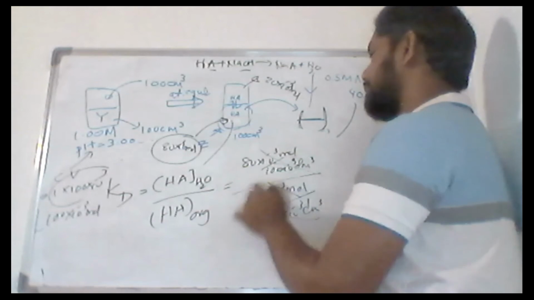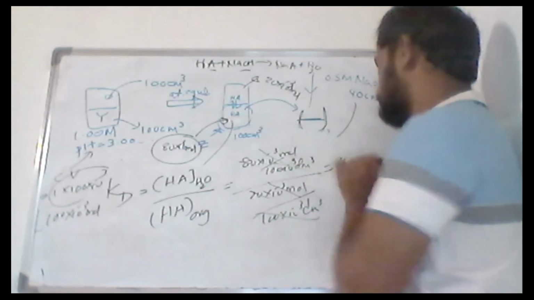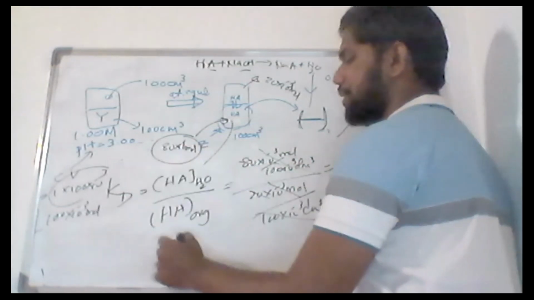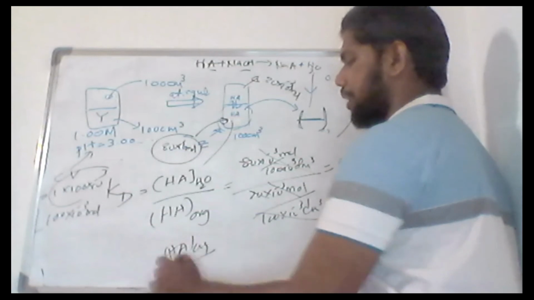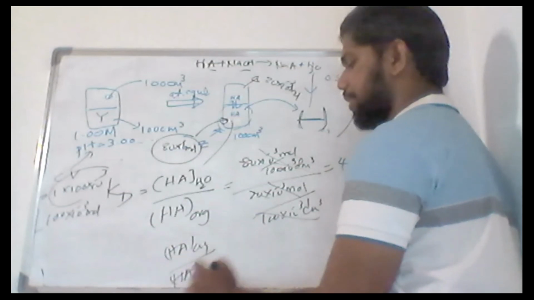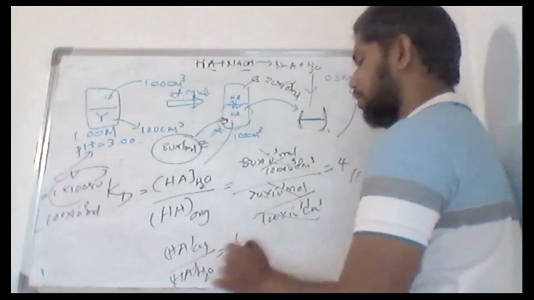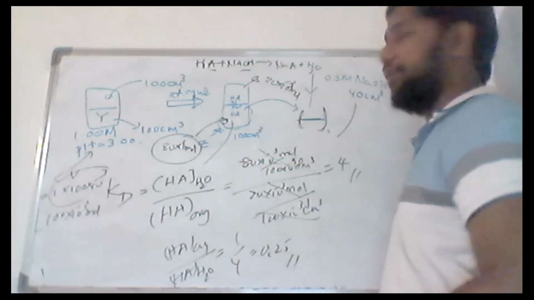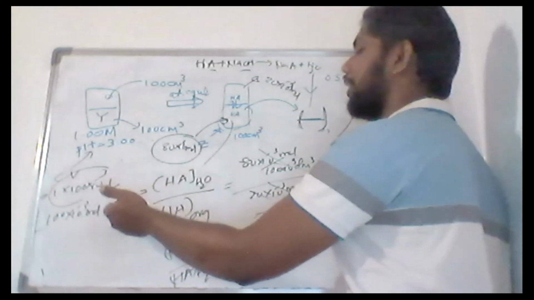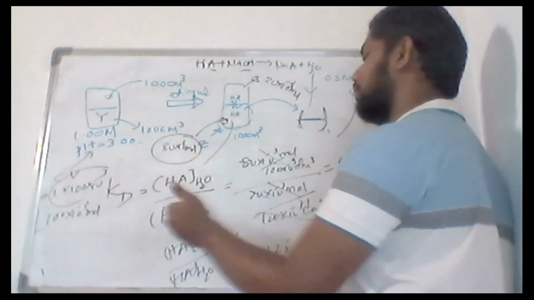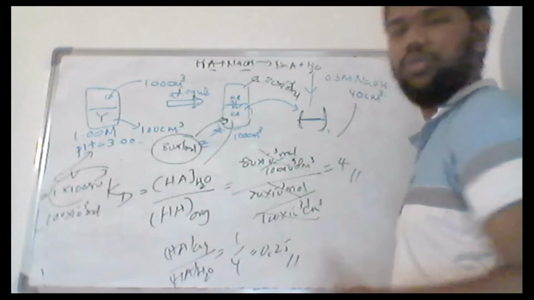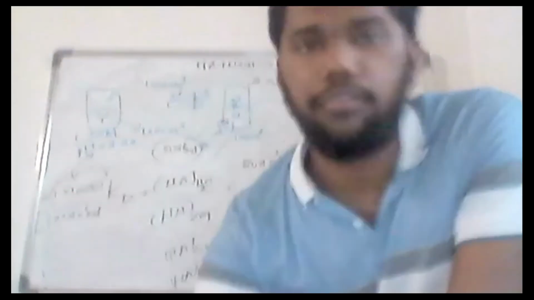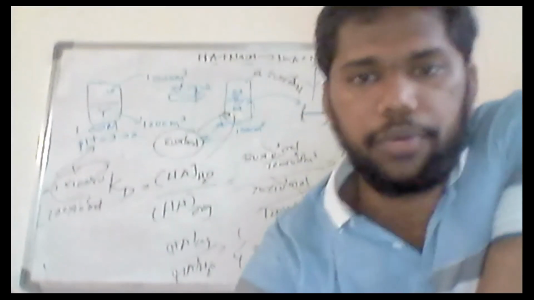Basically all these will cancel and your answer will be 4. If you use HA organic on top and HA in H2O on the bottom, this will be 1 over 4, which is 0.25. But in the question, they ask for the partition coefficient between water and organic, so this is the most suitable answer: 4.0. You can write down 4.0.